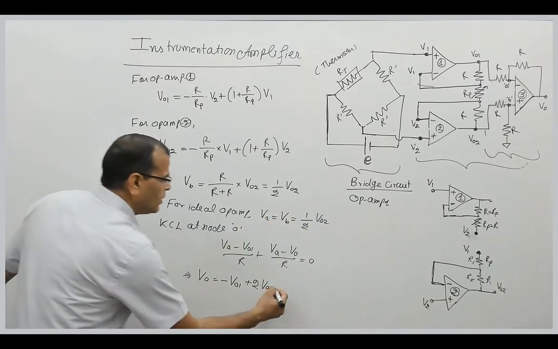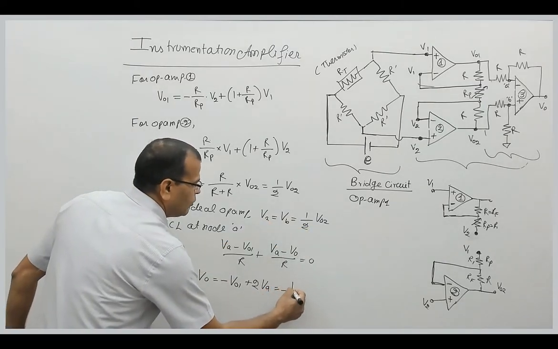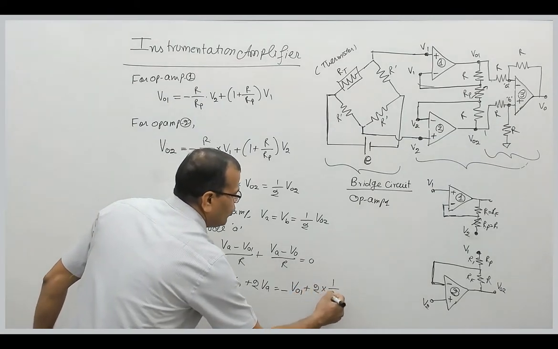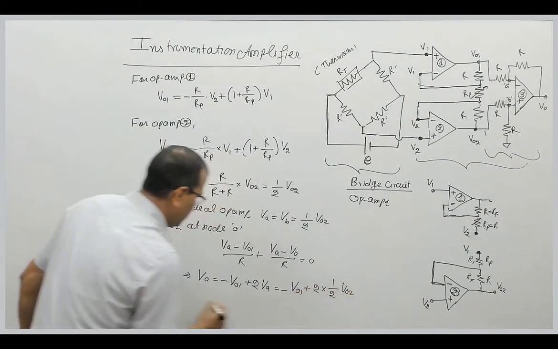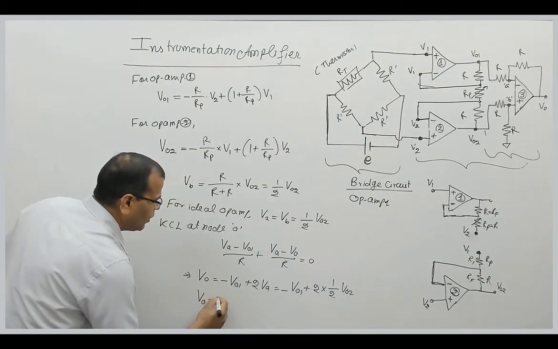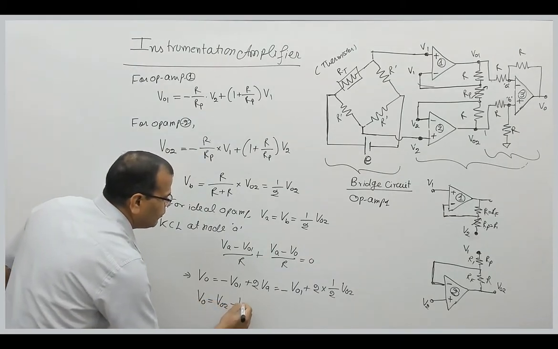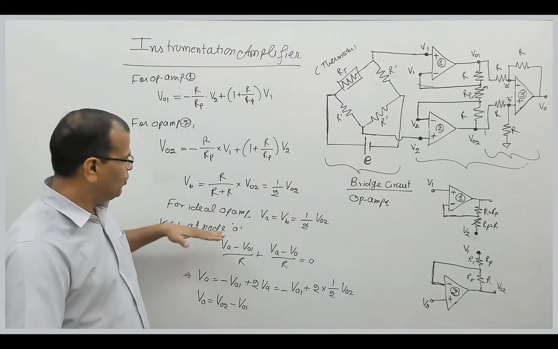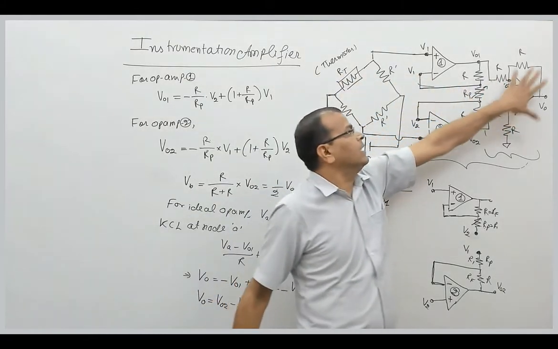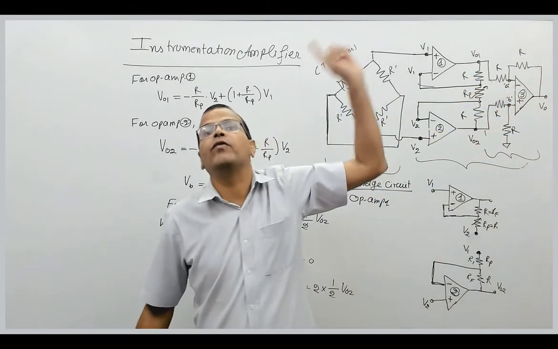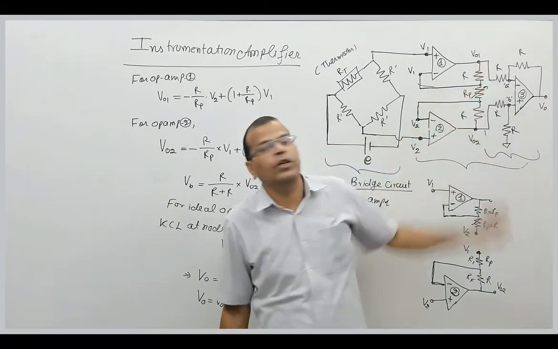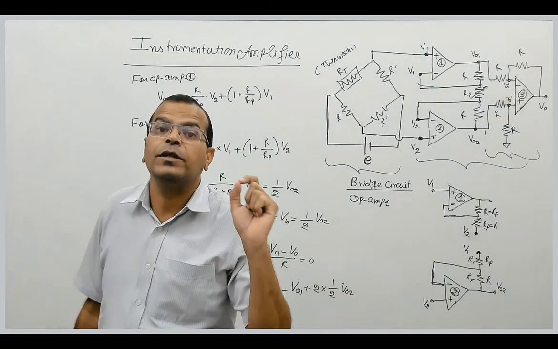So that is equal to minus V01 plus 2 into 1 by 2 V02, which is nothing but V02 minus V01. Fine. So the output of this difference amplifier is V02 minus V01. That is called a subtractor circuit.